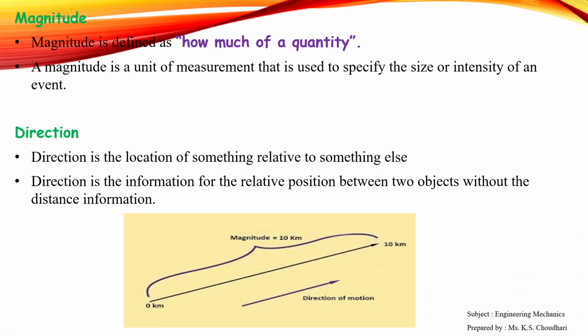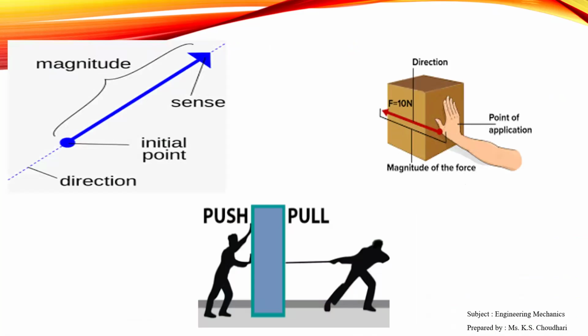Direction is the information for the relative position between two objects without the distance information. Observe the diagram. Here you can easily understand what is magnitude and what is direction. Here are also some other figures of it. Observe it very carefully.